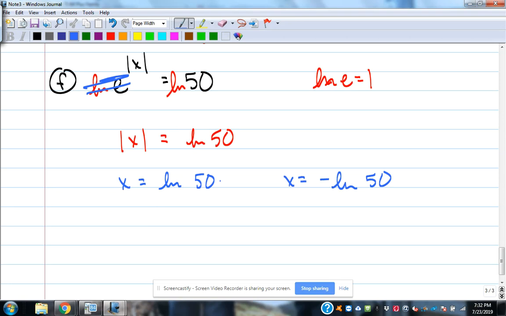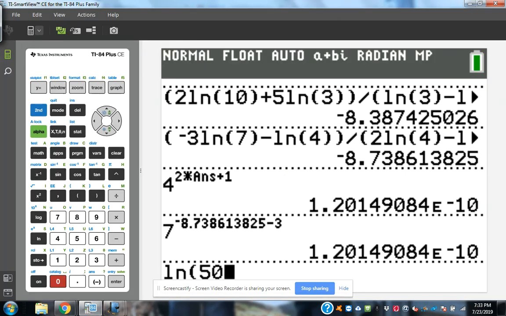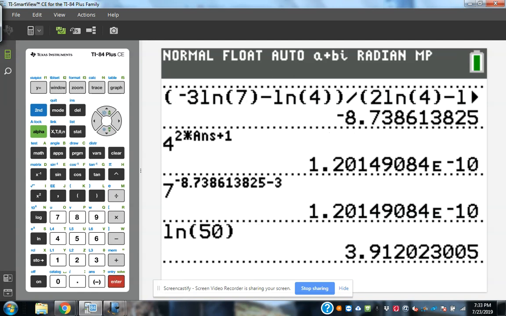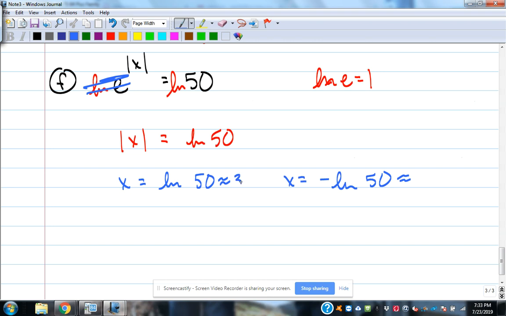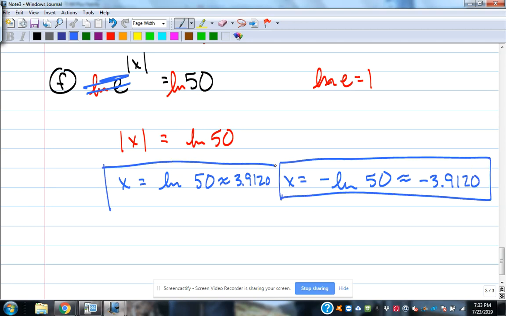So natural log of 50, going to 4 decimal places, is 3.9120. The negative of that, negative 3.9120. So we get 2 answers, because we usually get 2 answers from absolute value equations. And both of those work in the original problem.